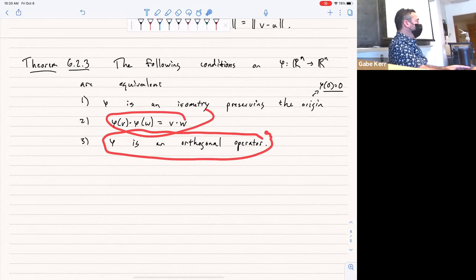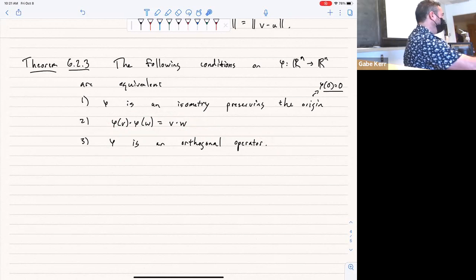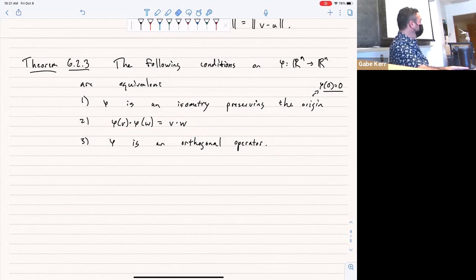Not quite. We said that an orthogonal operator by definition is a linear operator that satisfies this. So what you need to show to go from here to here is that phi is linear. You don't have that yet. Arden has a proof that I don't like, apparently given by one of his students. So I'll give a proof I like, but you can read it and tell me which one is better.